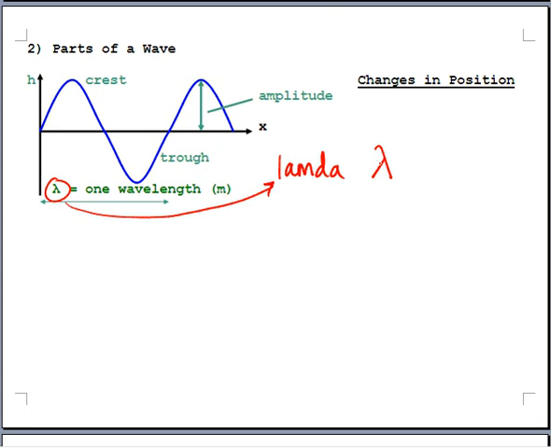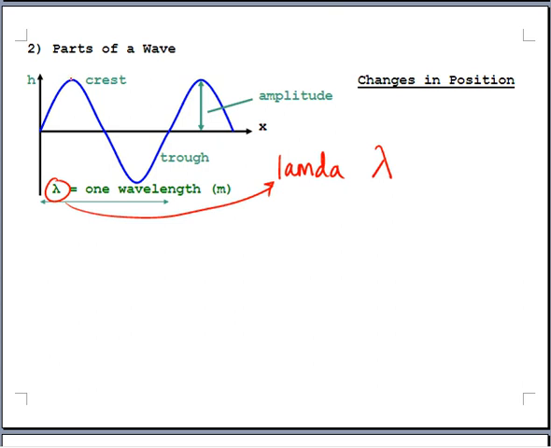So the wavelength is one complete crest, side to side, and one complete trough, side to side. Now with wavelength, with lambda, it's always measured in meters. You can measure from here, from 0 on the x-axis through one whole crest, through one whole trough to there. That would be a wavelength. But you don't have to measure from there, right?